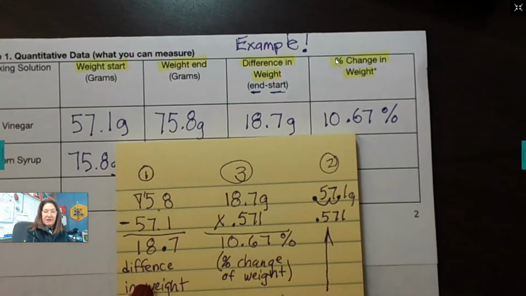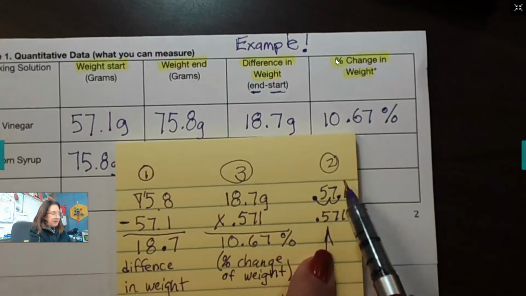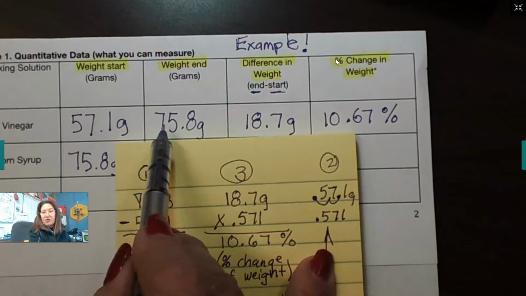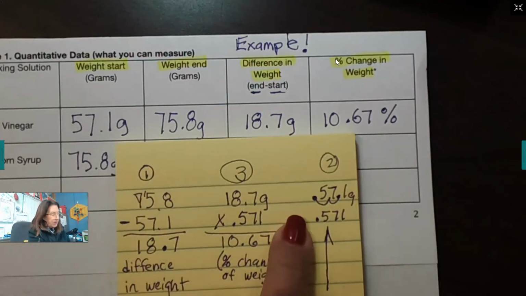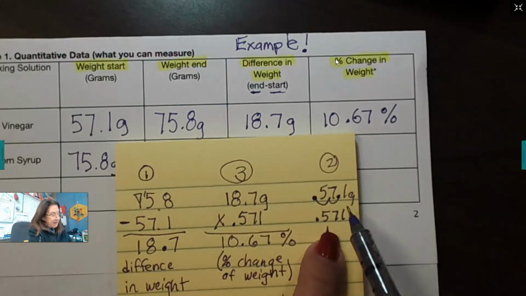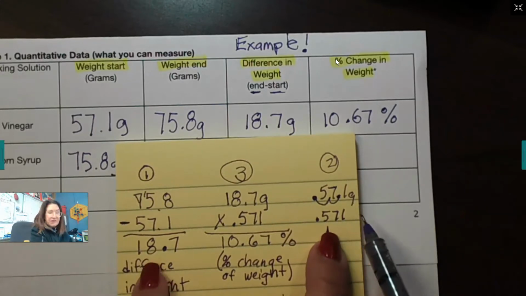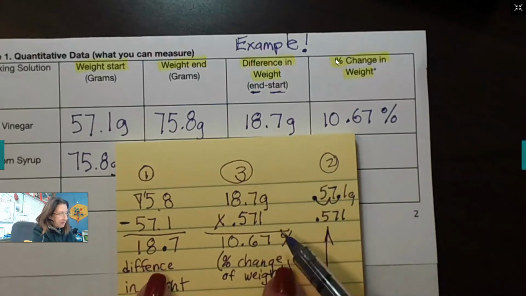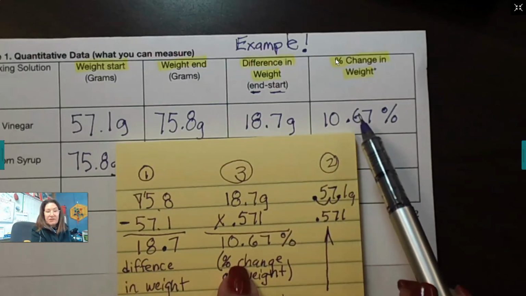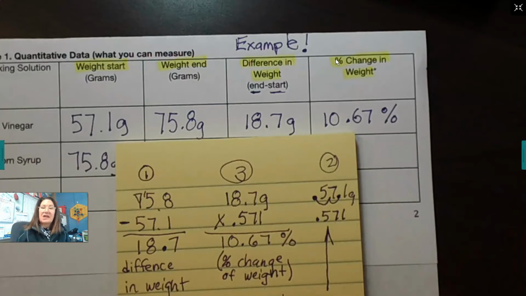Second, I made this 100%, so I moved my decimal points over 2, which gave me this. And then I'm simply going to multiply this one and this one together to get this. All right? And there you go. Good luck.